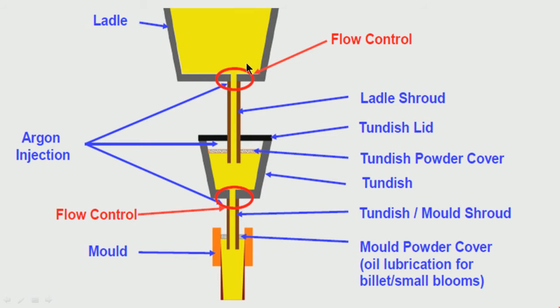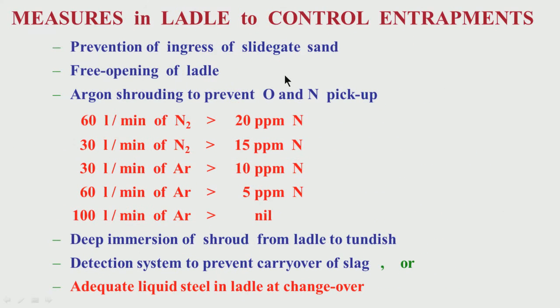So when you are trying to empty the ladle of liquid steel, if you are not careful, some amount of slag might come. So we have to be careful that this slag should not be allowed. The flow gate or the slide gate should be immediately closed. So how do you do that? For that, there has to be a detection system to prevent carryover of slag.